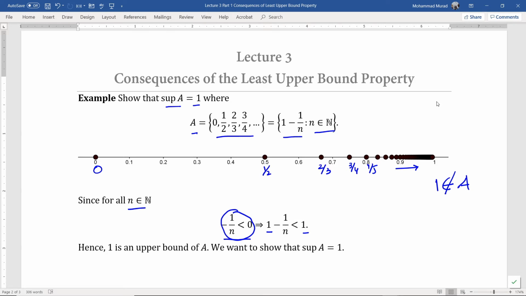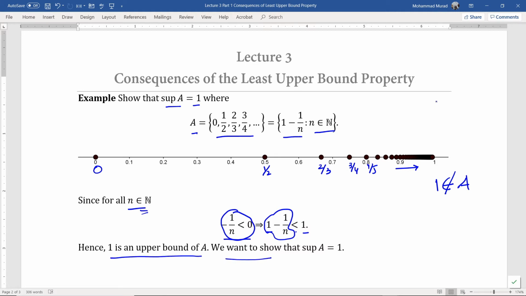This shows that the quantity 1 minus 1 over n is strictly smaller than 1 for all values of n. Hence, 1 is an upper bound of A.